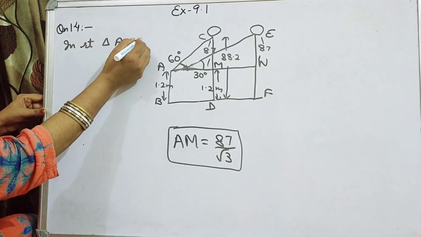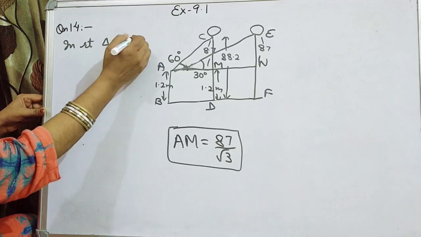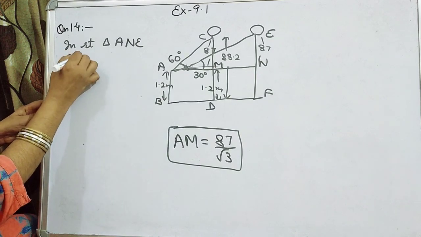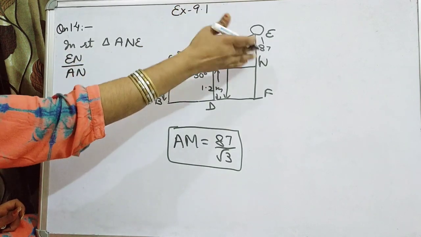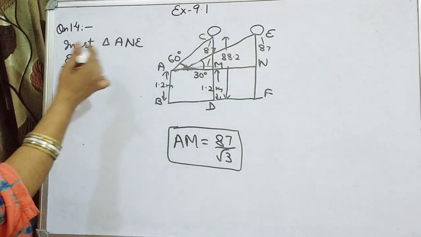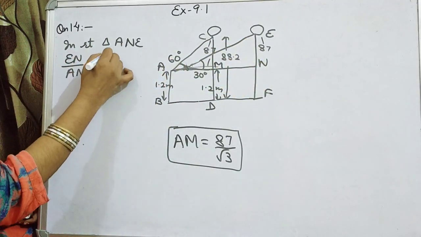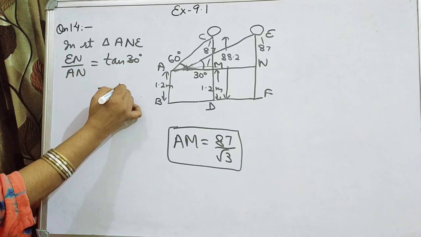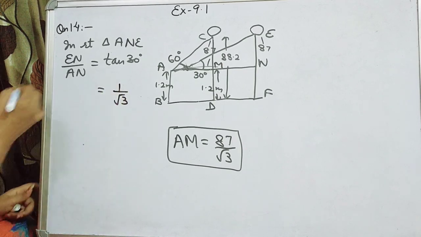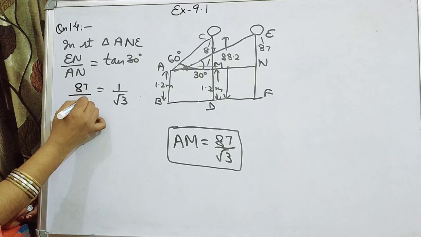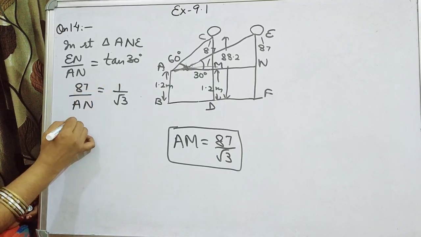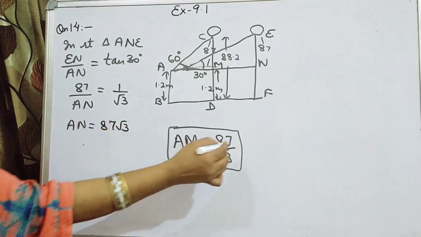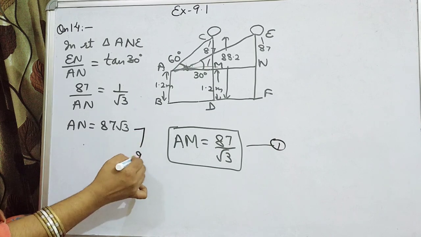So in right triangle ANE, in this triangle EN by AN, perpendicular by base, is equal to tan 30, and the value of tan 30 is 1 by root 3. EN again is 87, AN we don't know. From here we can get AN as 87 root 3. So this is the first result, and this result is the second one.